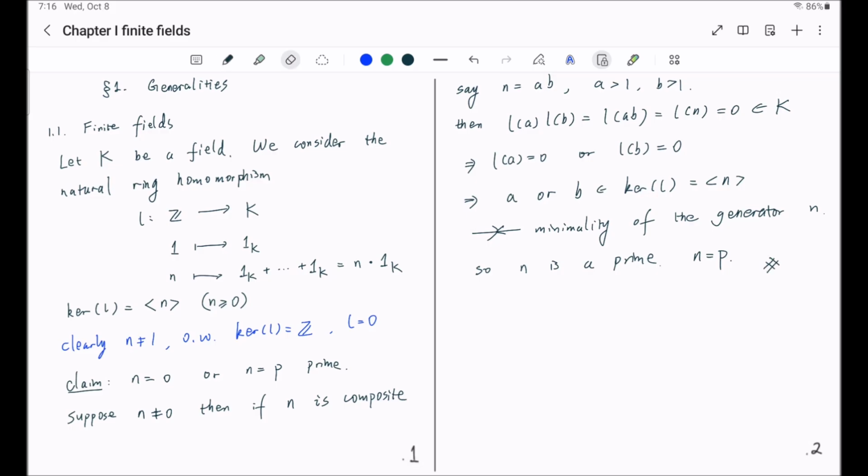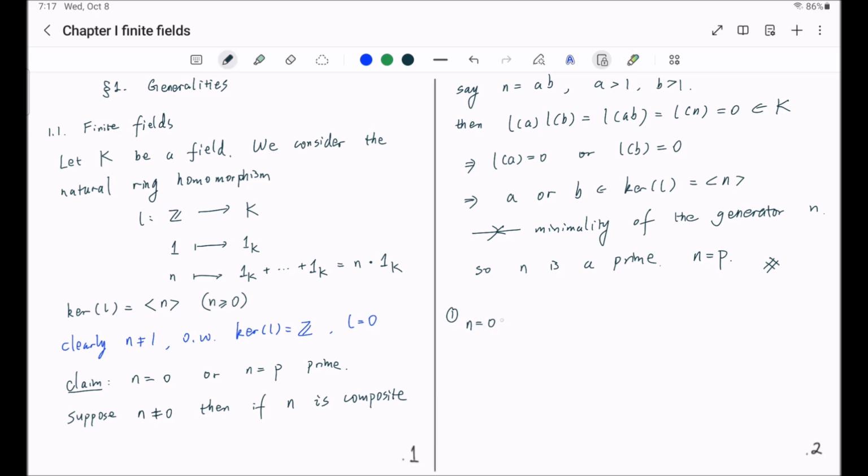Now, what does this claim tell us? The claim tells us there are only two scenarios when you take the natural ring homomorphism from Z to any field K. The first scenario is when the kernel of this iota is the zero ideal, n equal to 0.